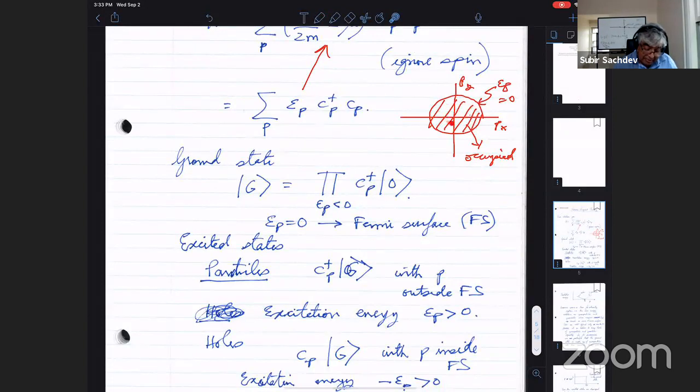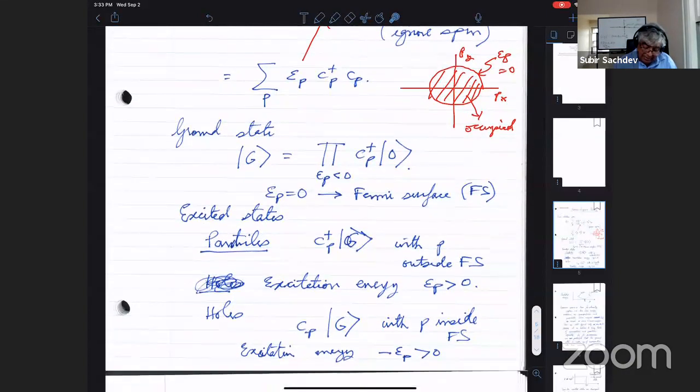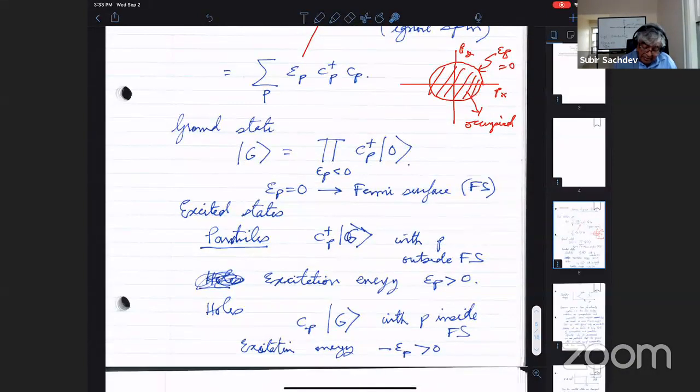Well, I have to remove it from the inside, I can't remove it from the outside. So I take C p, I make a hole, as it's called, with energy epsilon p inside. So now the original state has lost the energy epsilon p, which is negative, so the excitation energy is minus epsilon p, because you've lost the particle that was sitting at epsilon p. And since epsilon p is less than 0, this is also positive.